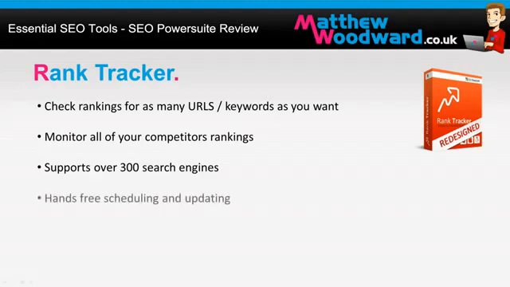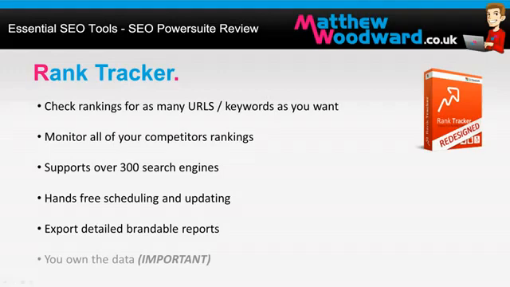You can set up totally hands-free scheduling and updates. There are a huge range of detailed reports that you can brand up as your own. But most importantly, you own and control the data. If you use a web-based service, you could lose all your historical ranking data in the blink of an eye. Any former SE Scout customers will testify to how important owning your data is.